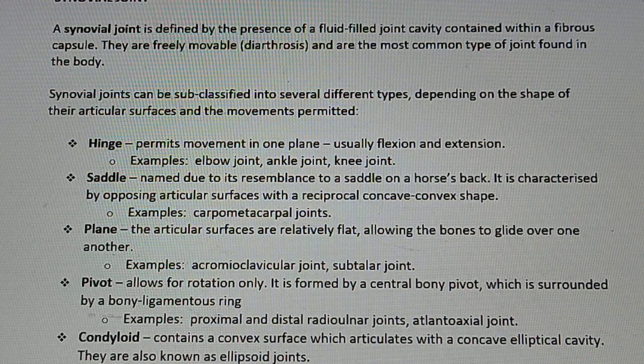Synovial joints can be subclassified into several different types depending on the shape of their articular surfaces and the movements permitted. Okay, so take a look at this, guys. So there's hinge, saddle, plane, pivot, condyloid, and the ball and socket, which is the familiar one.